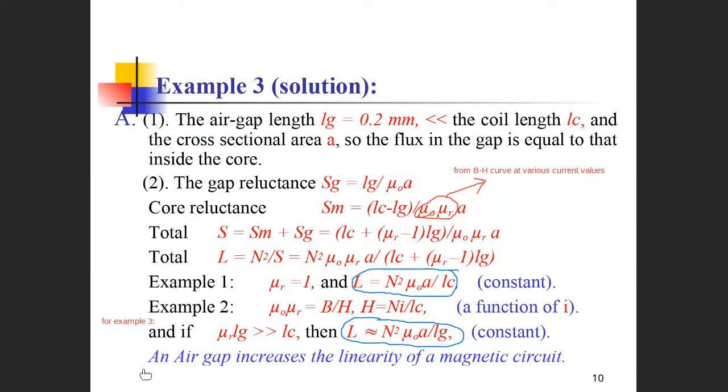Therefore, we have a sentence: an air gap increases the linearity of a magnetic circuit. We have a large but relatively constant inductance.